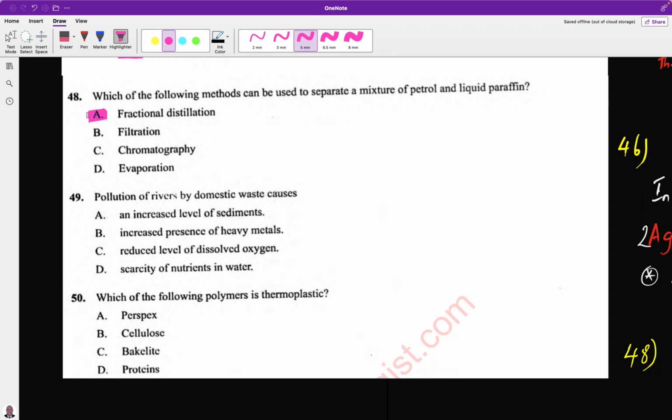And this may lead to death of aquatic organisms, the fishes and other ones. So this is the major impact on rivers by domestic waste waters or domestic solid wastes. When they get into water, there's a reduction in the level of dissolved oxygen. So C is the right answer.